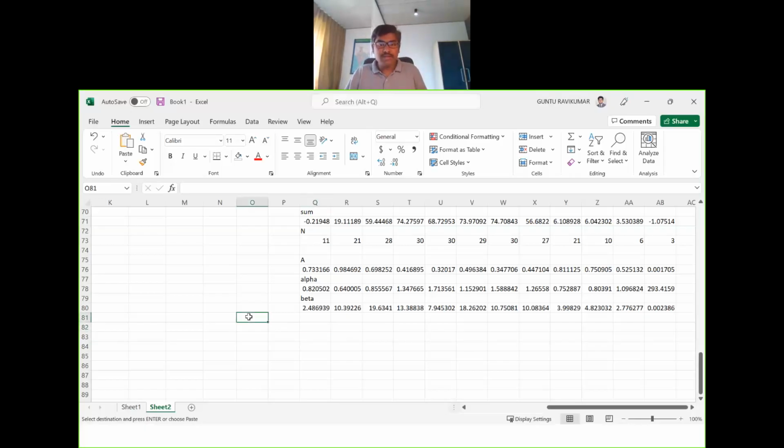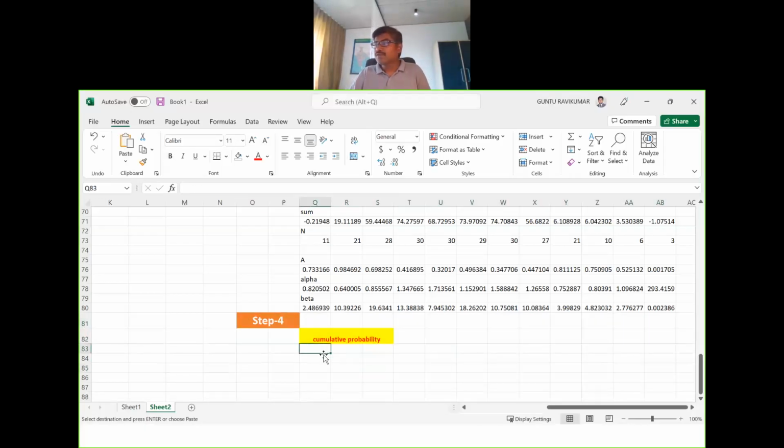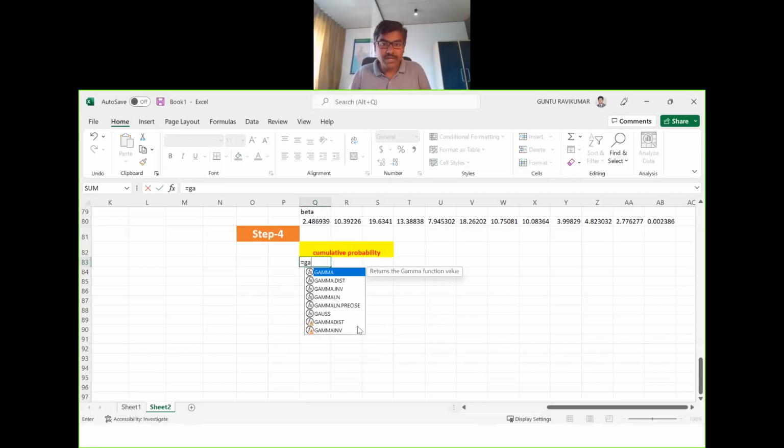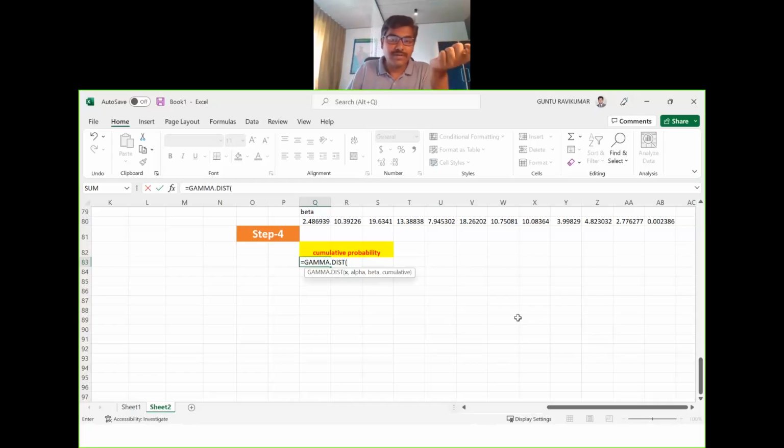So cumulative probability is equal to GAMMA.DIST. We need to give our precipitation observation value.